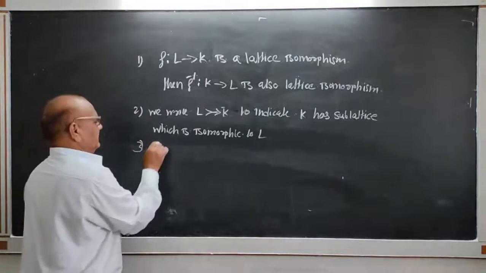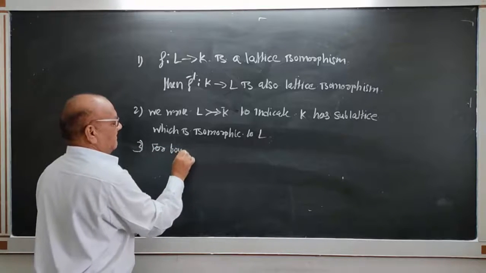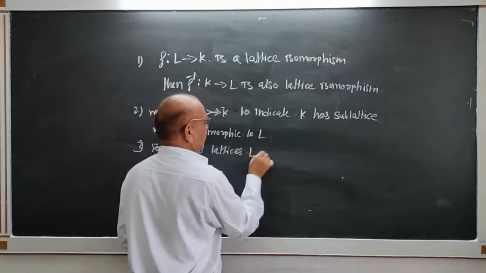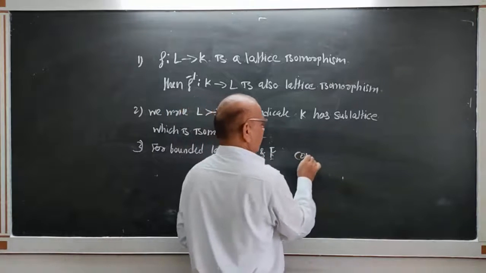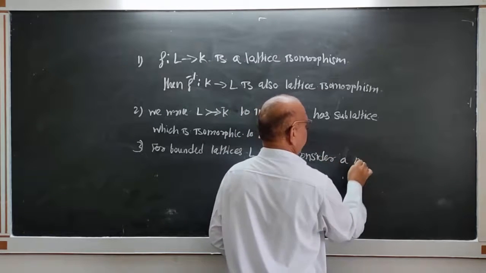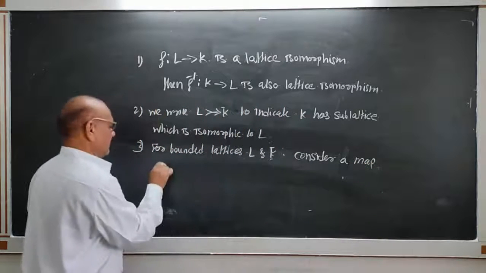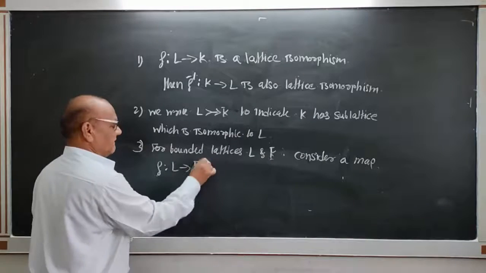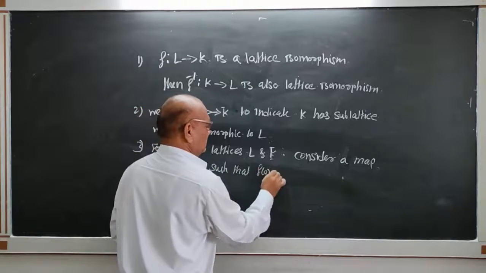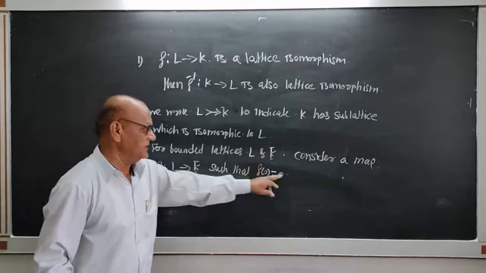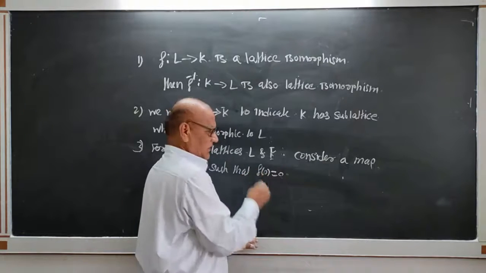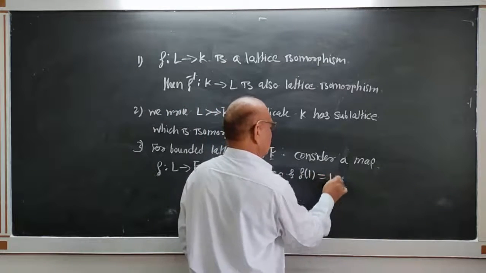Now, for bounded lattices L and K, consider a map F from L to K such that f of 0 is equal to 0, that means this 0 belongs to L and this 0 belongs to K, where 0 means the bottom, and f of 1 is equal to 1.